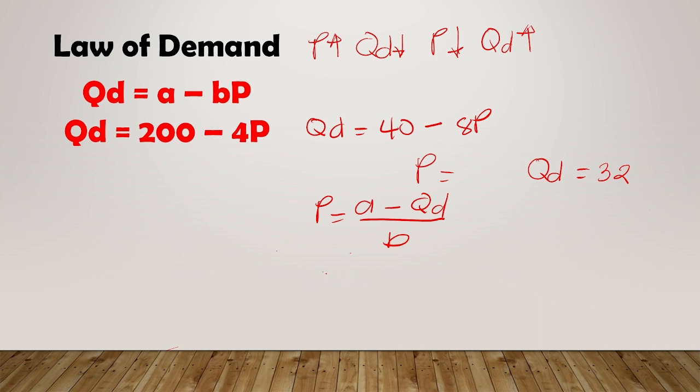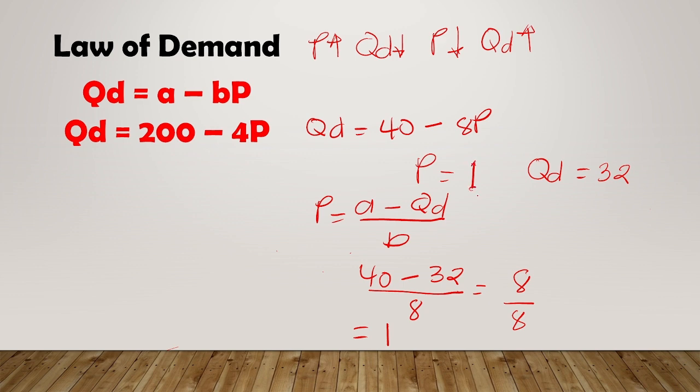So 40 minus QD, which is 32, over B, which is 8. So 40 minus 32 is equal to 8, right? 8 divided by 8 is equal to 1. So our price is 1.